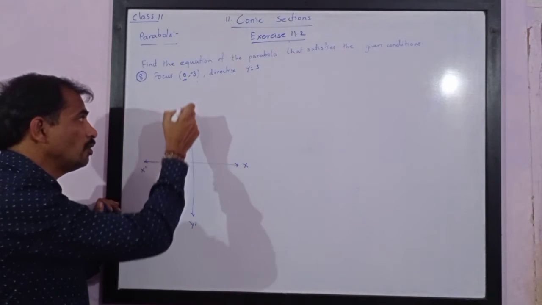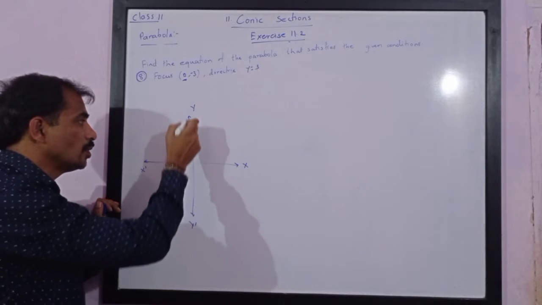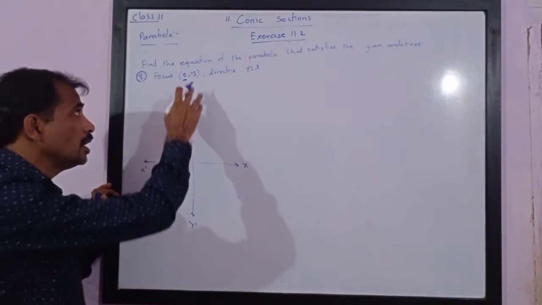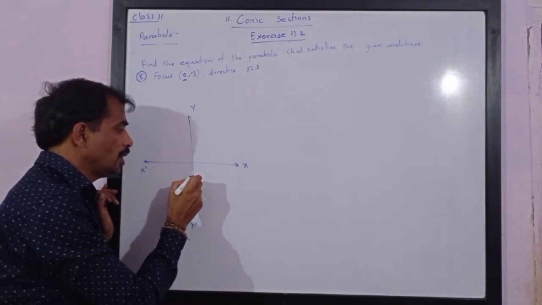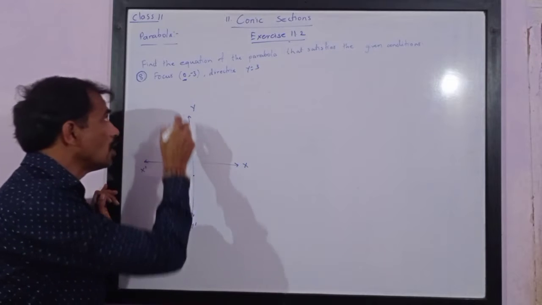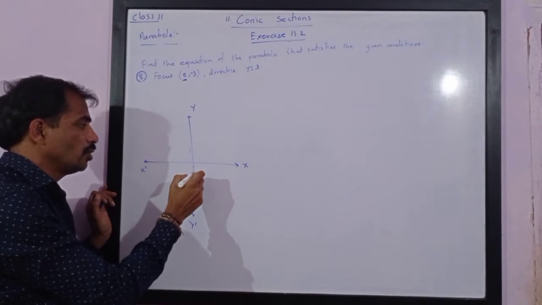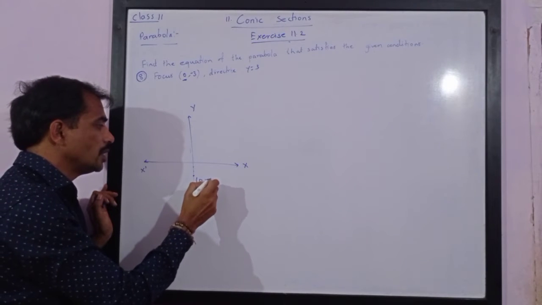So it will be lying on the y axis, x coordinate is 0. We know that the equation of y axis is x equal to 0. And now the y coordinate is negative 3. Negative 3 means it will be in the negative direction of y axis. So if this is negative 1, negative 2, negative 3, we will get the focus somewhere here, 0, negative 3.